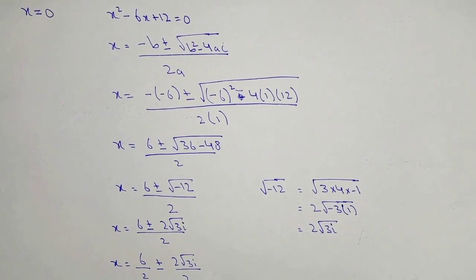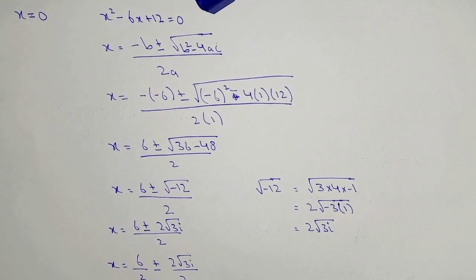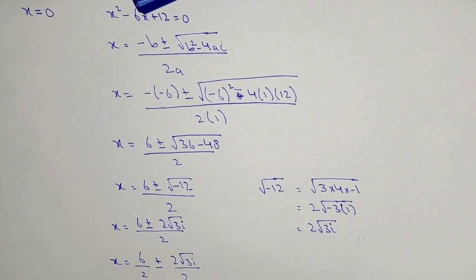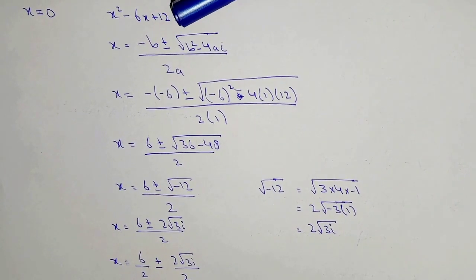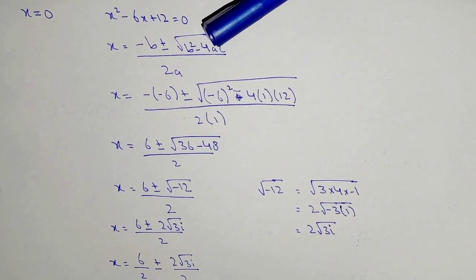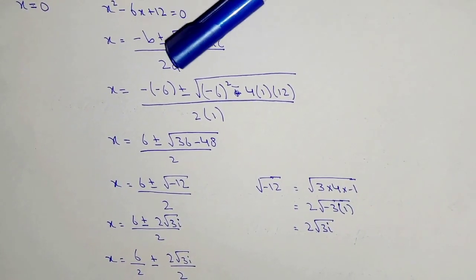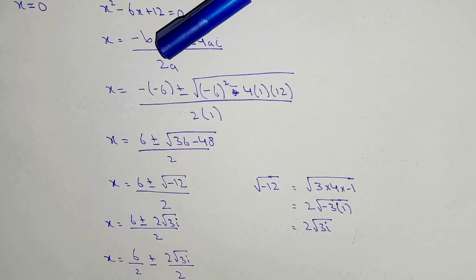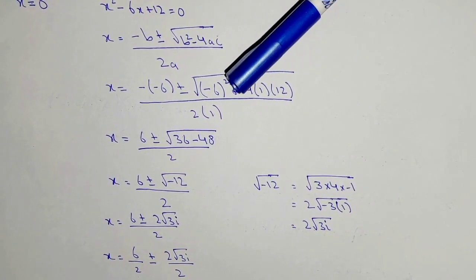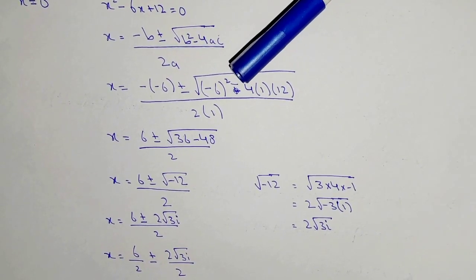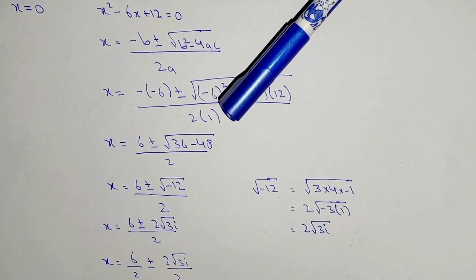Now here we have the two equations, x = 0 and x^2 - 6x + 12 = 0. Now we will use the quadratic formula that says x = (-b ± √(b^2 - 4ac)) / 2a. So here x = -b, it means -(-6), plus or minus the square root of (-6)^2 - 4ac, it means -4 into a, that is 1, into c, that is 12, divided by 2a, it means 2 into 1.